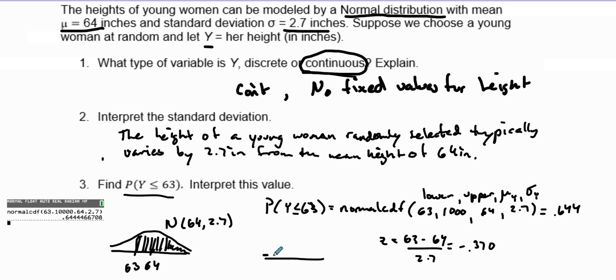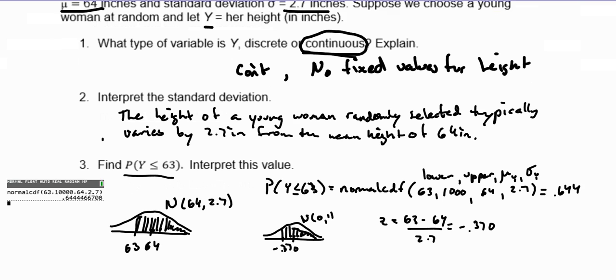If you were to write this using a table, you have our standard deviation here, negative 0.37, and we're finding that area right there. Once again, going through the same thing, and we get our value.